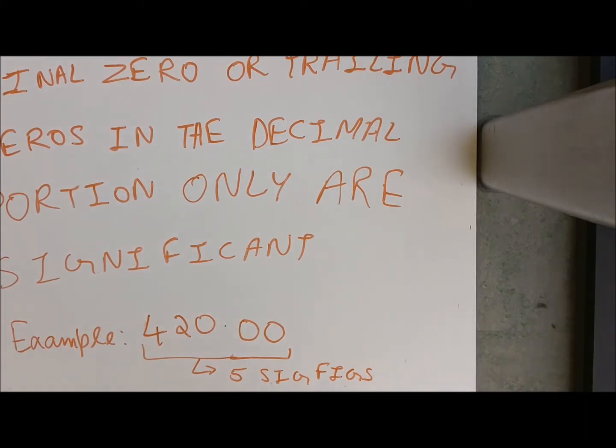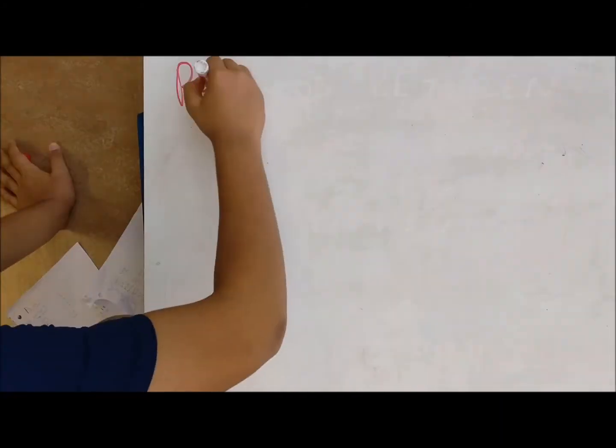If there was a significant figure to the right of them, it would have counted anyways. But in 420.00, there are 5 sig figs because it's 420 and .00. So they have put the decimal point with the two zeros to show the accuracy. So you have to keep in mind that it's 5 sig figs.